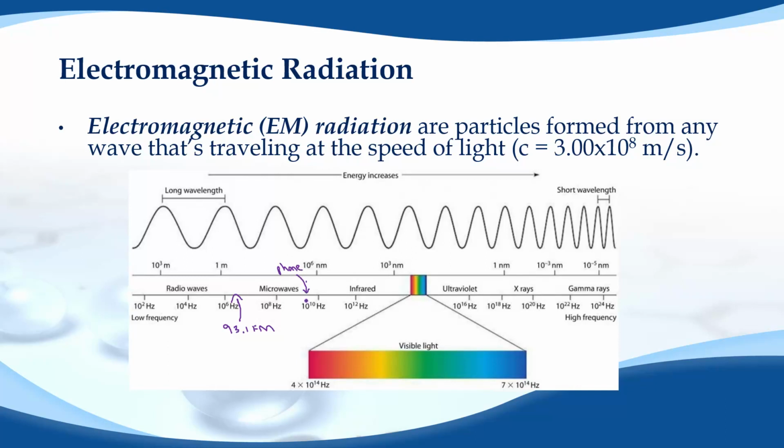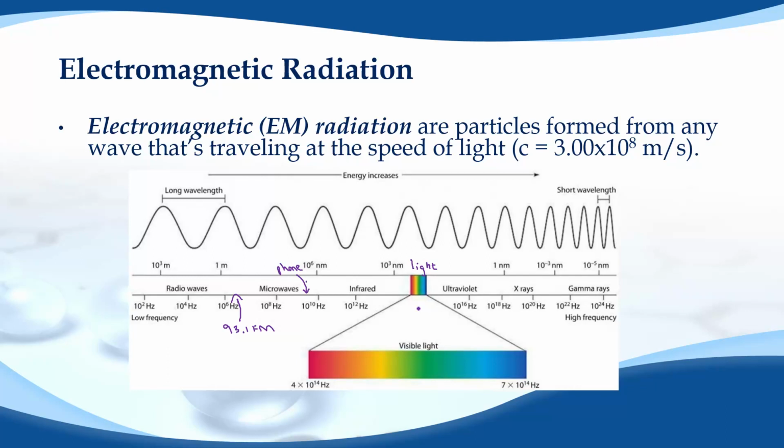And then we go up to even shorter wavelengths, which give us ultraviolet and X-ray and gamma ray. Right, and notice, the shorter the wavelength, the higher the frequency. So all of these are different types of electromagnetic radiation. They are all traveling at the exact same speed.